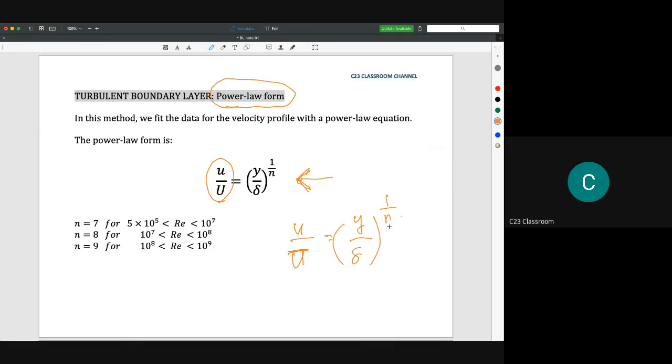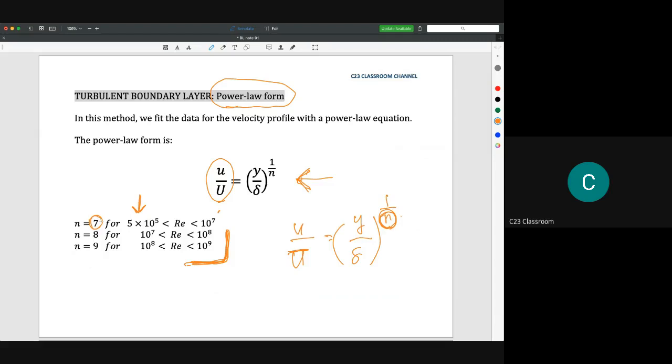And this value of n here, the integer n, depends on the speed, or the Reynolds number, that occurs on that plate. For example, if we take the common transition, 5 times 10 to the power of 5, up to Reynolds number 10 to the power of 7, the value is n equal to 7.